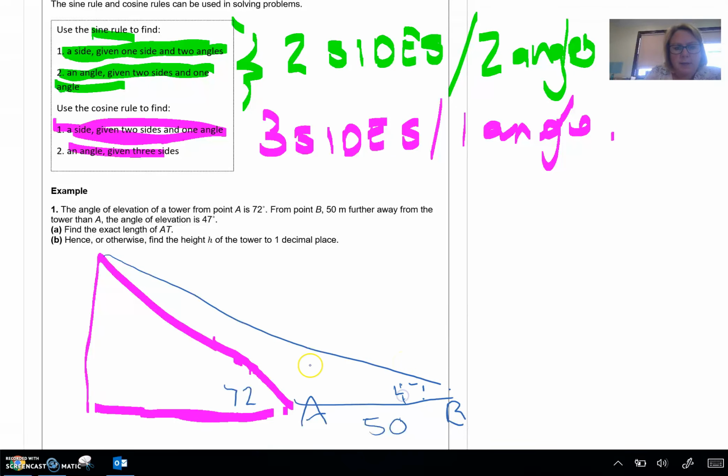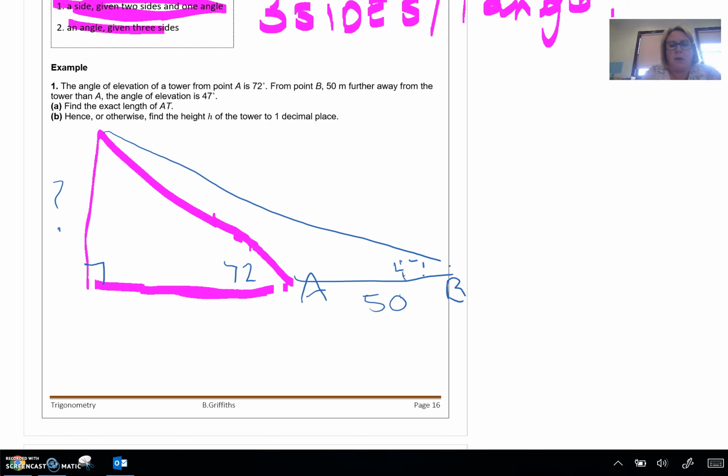Find the exact length of AT. Well, I've got 50 and this angle is 72, so this one's 108. And if this is 108 and this is 47, the one up the top is 25.